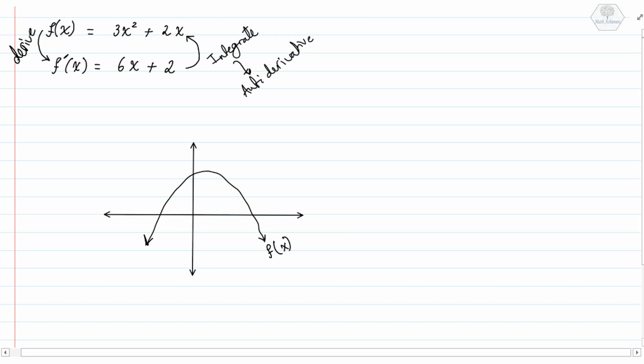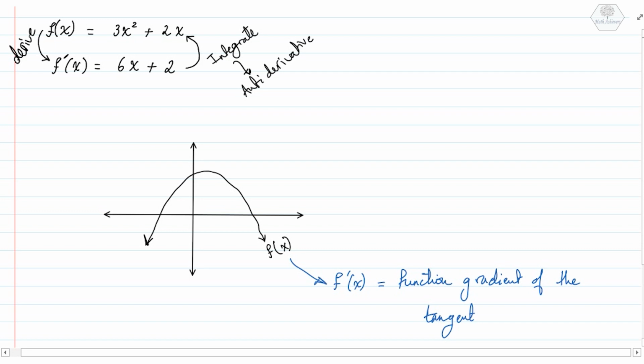As you do remember, when I derived, finding the first derivative, which is differentiation, the first derivative represented the gradient of the tangent at any point. That's what the first derivative means.